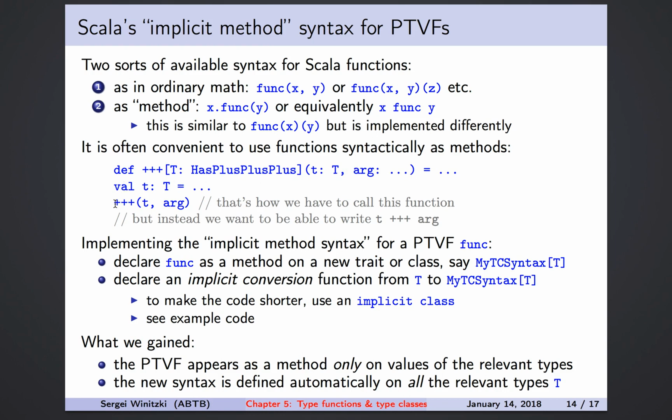So you would have to call this function like this, +++ of t and arg. Now, you would like to write this instead. This is much more readable. t +++ arg. Whatever +++ means in your application, this is certainly easier to read than this.